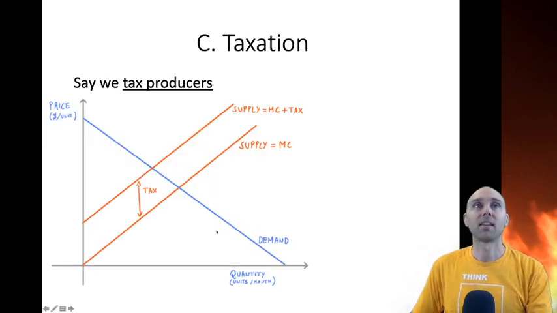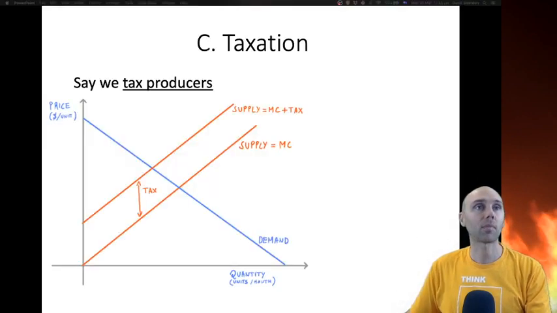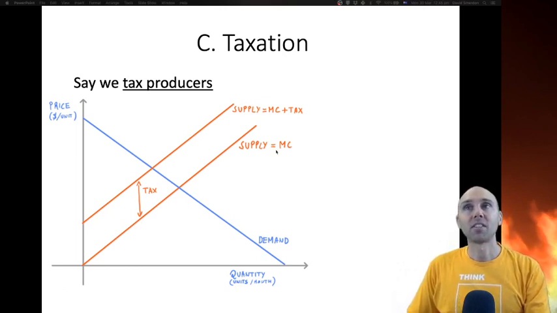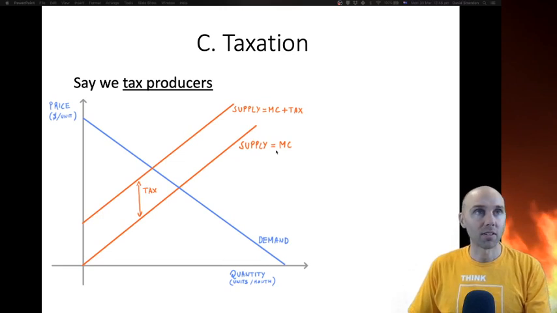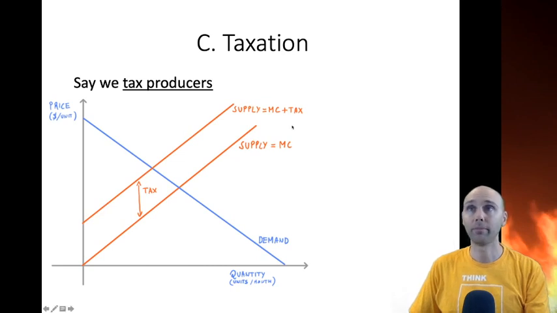So let's look at an example of taxation. We'll start with the tax on producers. Now we know that the supply curve is meant to represent the marginal cost for a large part of the individual supply curve, at least for those suppliers. But now there's a situation where that marginal cost, the cost of producing an item, has to take into account that extra unit tax that's being added on.